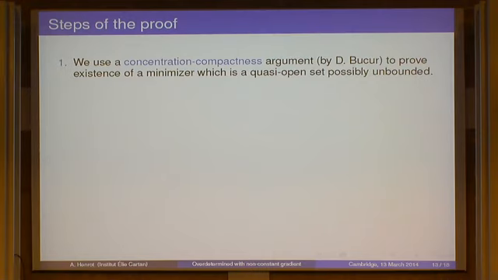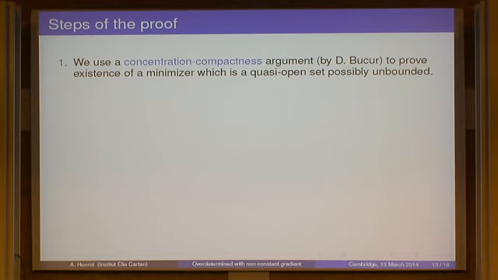And basically you have two possible behaviors. Either you have compactness, and so the sets converge, and you will get existence for such a problem. Or you have dichotomy, which means that you may have two parts of positive measure which go to plus infinity.